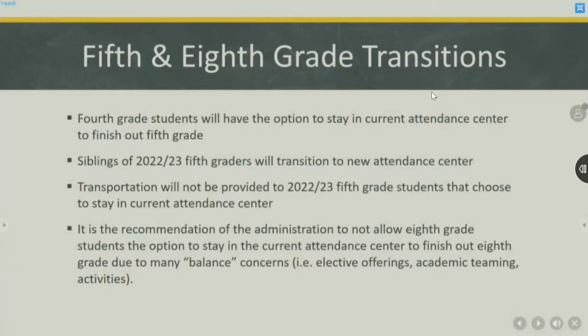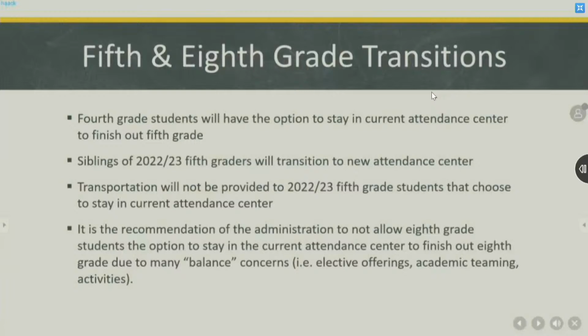And when we did the same, Pine Creek basically to Anchor Point, we gave that option. Each time we gave the option, less and less transition, less and less stay. So, for example, Pine Creek to Anchor Point, I think we had less than a handful that picked up that option and stayed in that elementary.